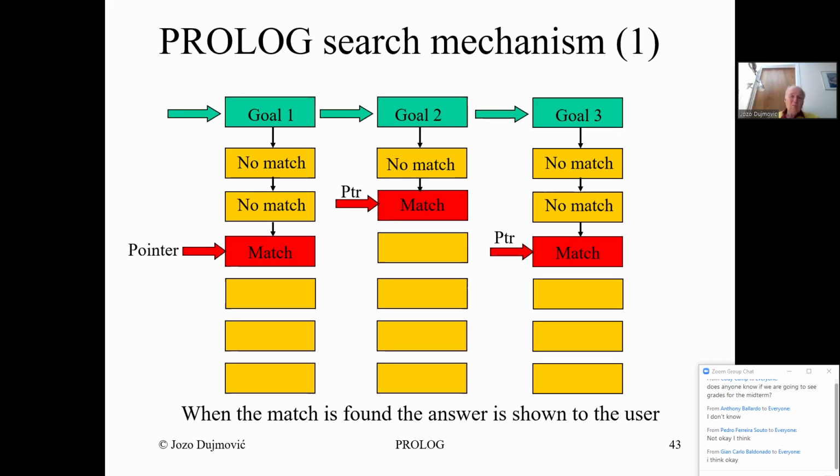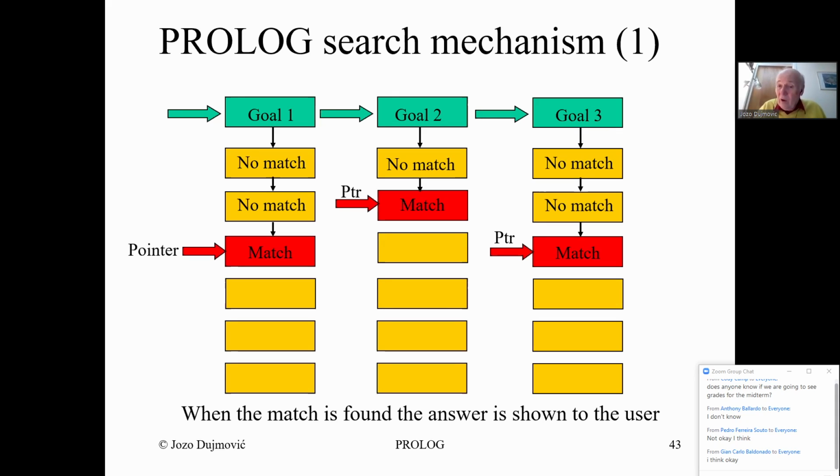So what's going to happen now? You have these 3 pointers, and you are going to continue search from this matching point to find the next matching point. For example, this sister, whose name is Mary, might have 2 Toyota cars, one Camry and another Corolla, for example.